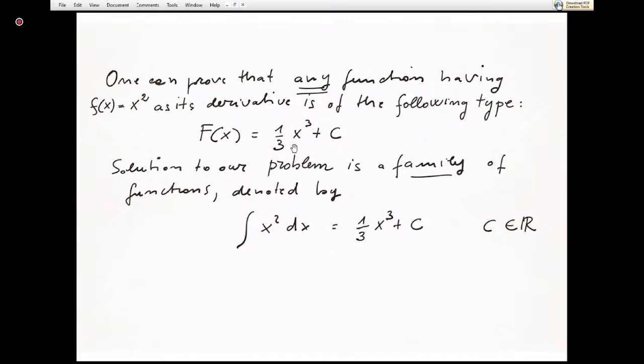More generally, again about our example, one can prove that any function having x squared as its derivative is of this form.